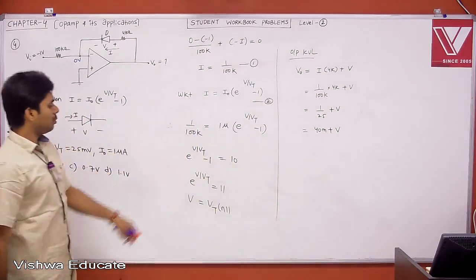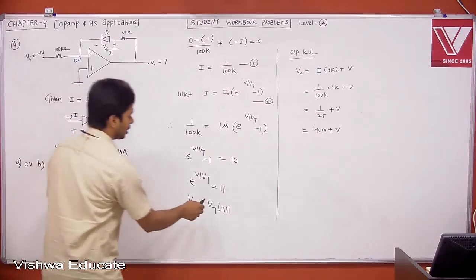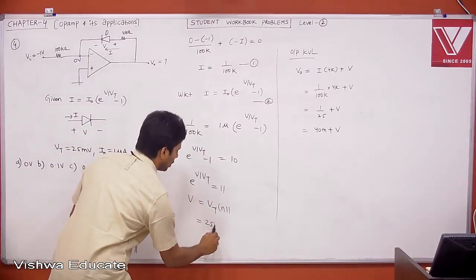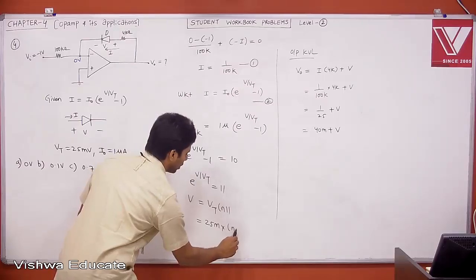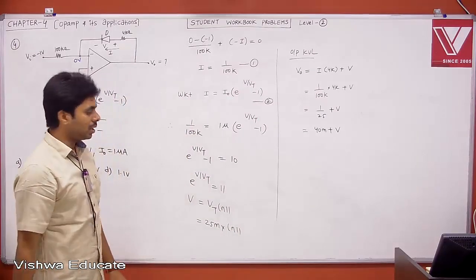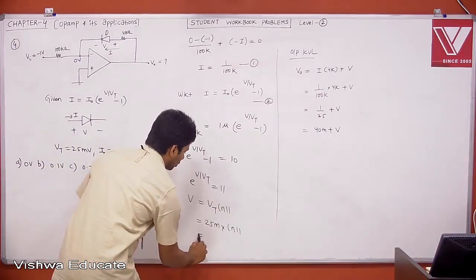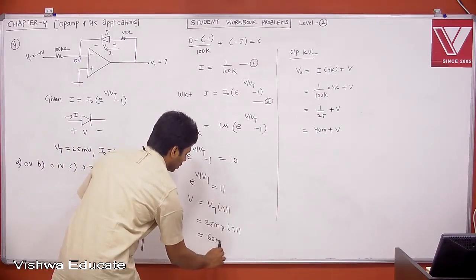Now we need to solve for the voltage across the PN junction diode. Vt is 25 milli into ln 11. This is the natural logarithm, which is base E. Using your calculator, you will get around 59 point something, you can say 60 millivolt.